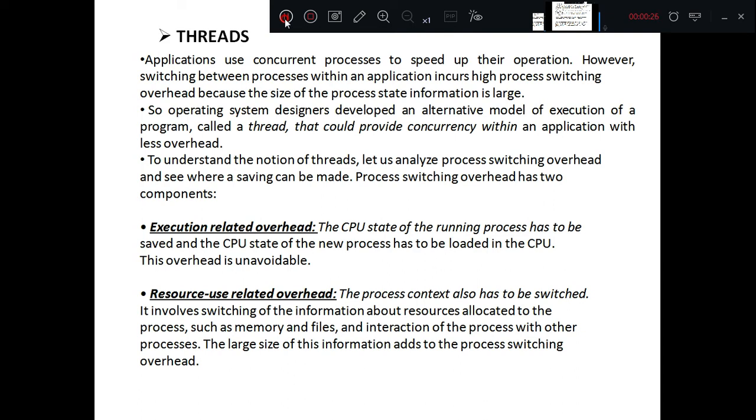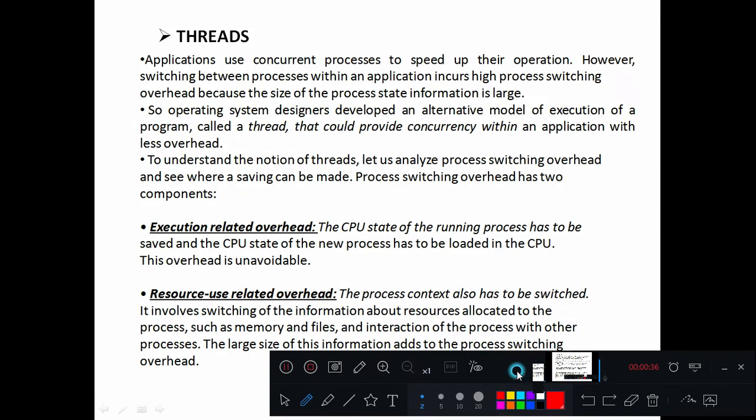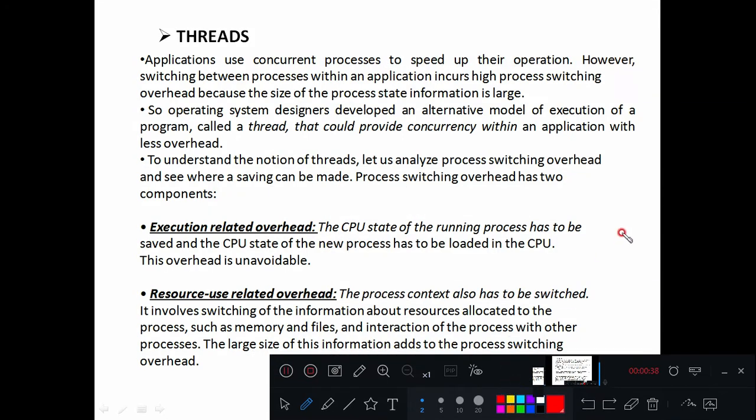Right. So in today's class we will discuss the last part of second module, that is threads, right? So what do you mean by thread? Before seeing this thread, we have already discussed when a process, or you can take a server, which handles multiple tasks parallelly, simultaneously, you can say.